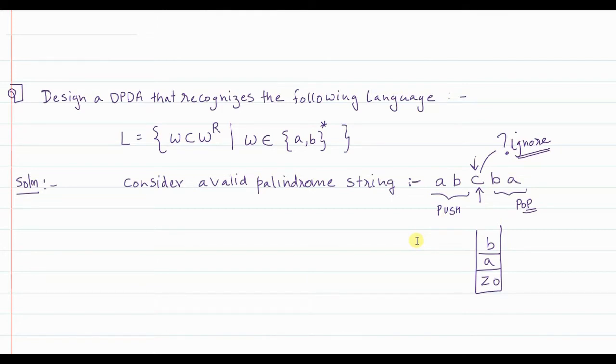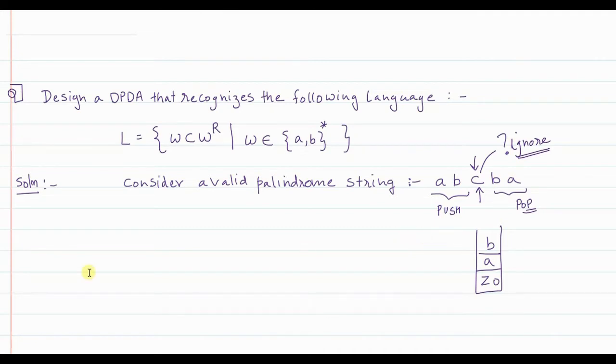Earlier it was in a state wherein it was pushing the elements onto the stack. Now once the middle marker character is encountered, we are not going to push it into the stack. Rather, we ignore it and change the PDA to a new state, wherein the PDA will start comparing and popping the elements.